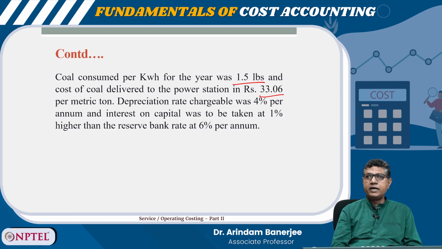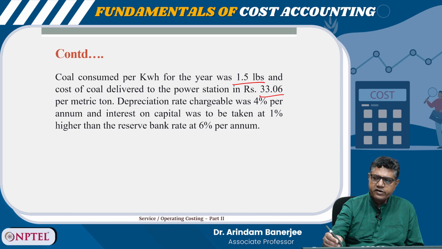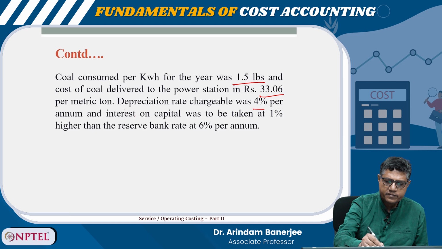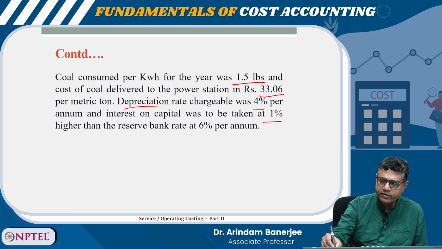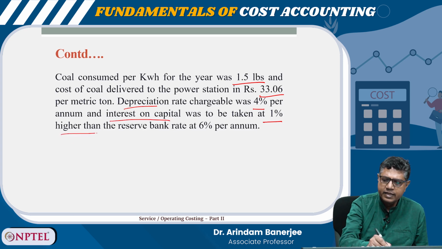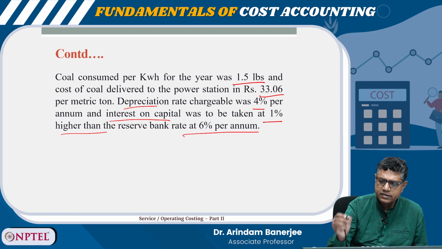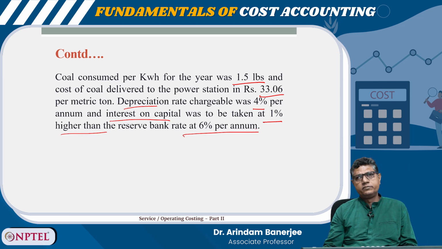Depreciation rate is 4%, and interest on capital was to be taken at 1% higher than the Reserve Bank rate at 6% per annum. Okay. So, these are the conditions and we have to compute one cost sheet.